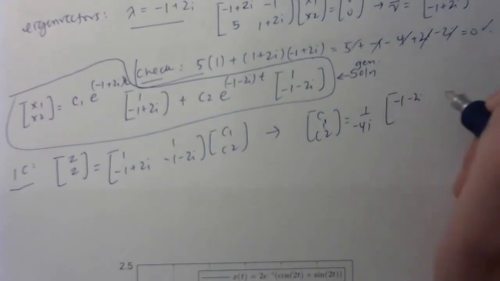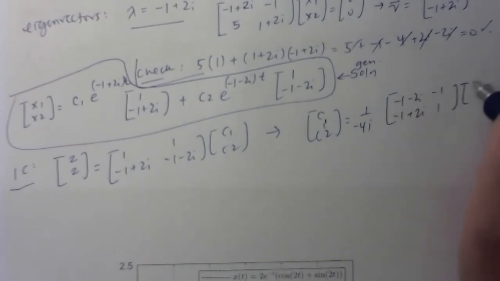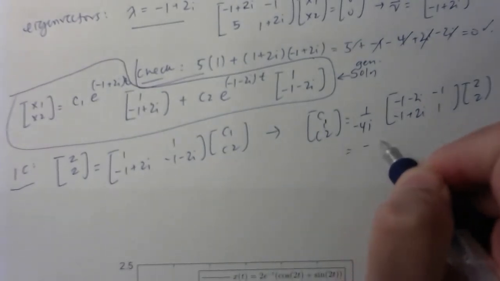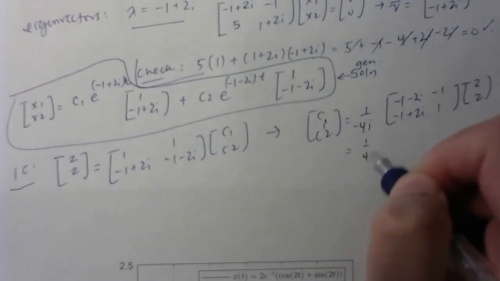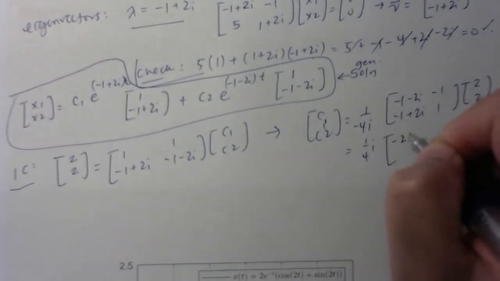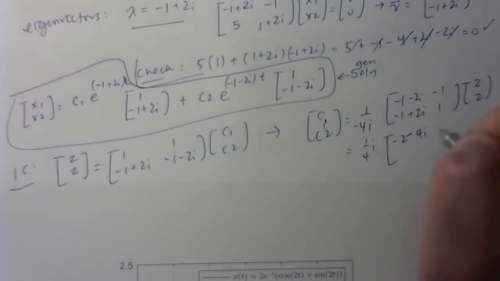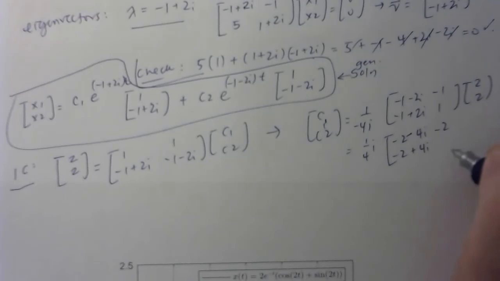Then [-1 minus 2i, -1; 1 minus 1 plus 2i] times 2. I'll write this as, so there's a minus and a 1 over i, so that just becomes an i. So this is 1/4 times i. And then I have minus 2 minus 4i minus 2, and minus 2 plus 4i plus 2.